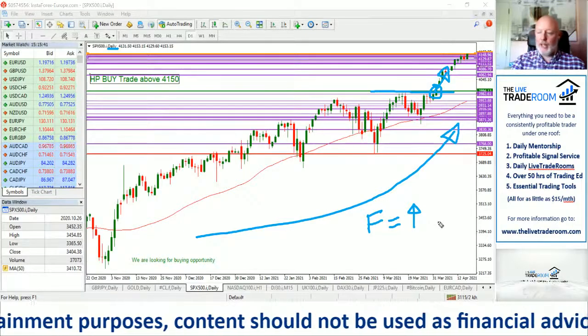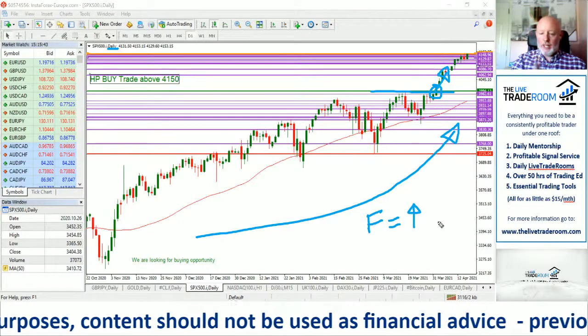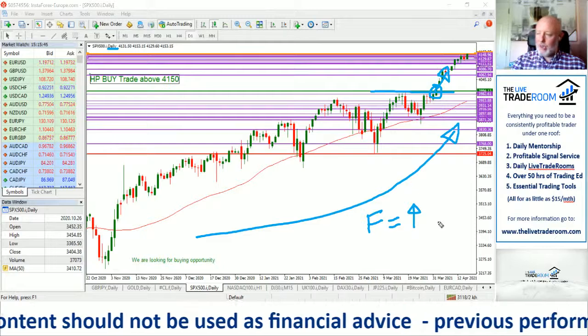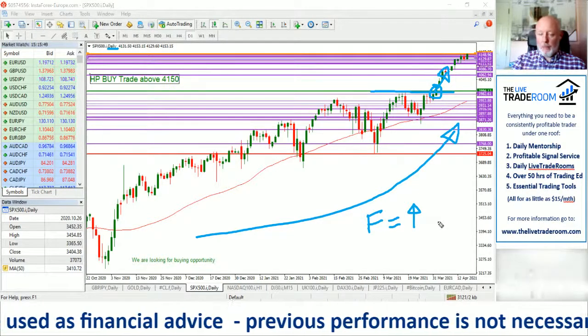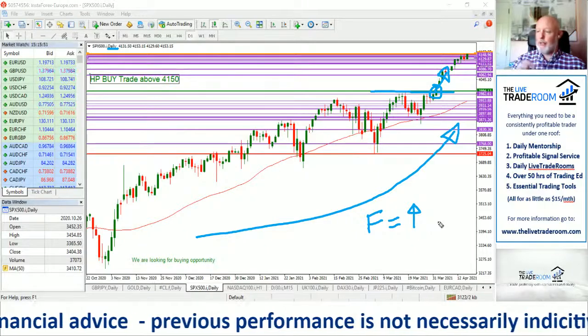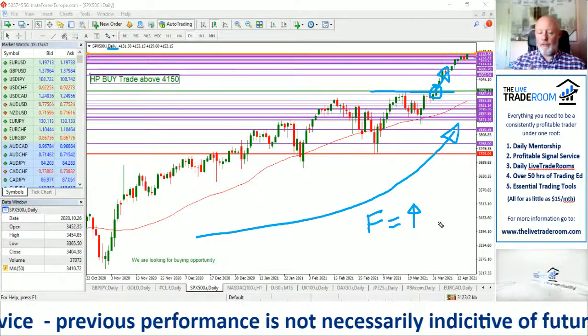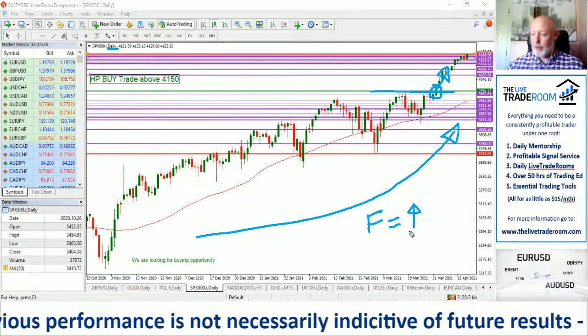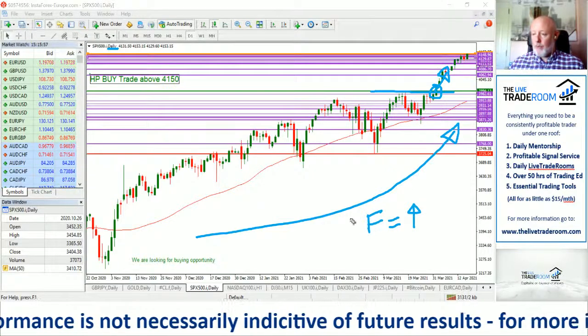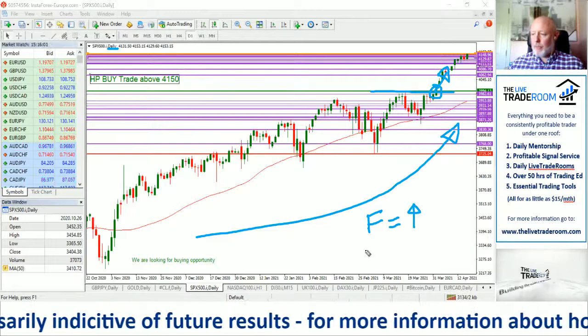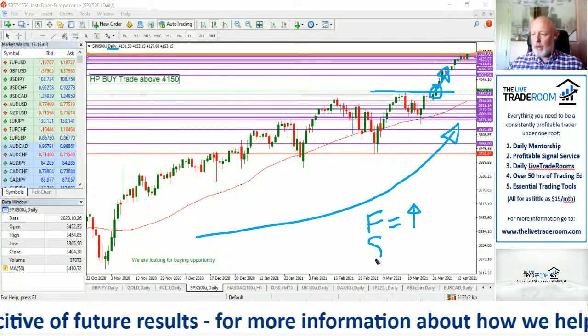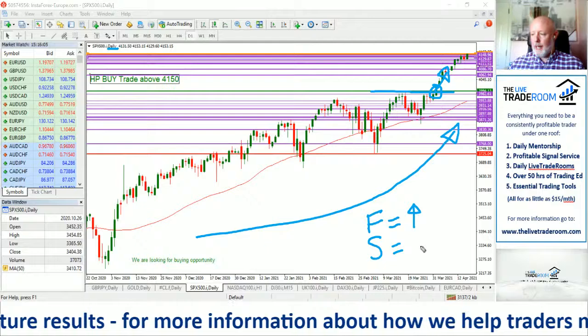The more consistent and disciplined you are with your decision making, and the more disciplined you are with your capital, most importantly, and you put a bit of patience into the mix as well, all of a sudden you have the framework in which to be consistently profitable. So with the US indices markets, the fundamentals are very, very positive at the moment, and as a result you're seeing a lot of positivity in sentiment.